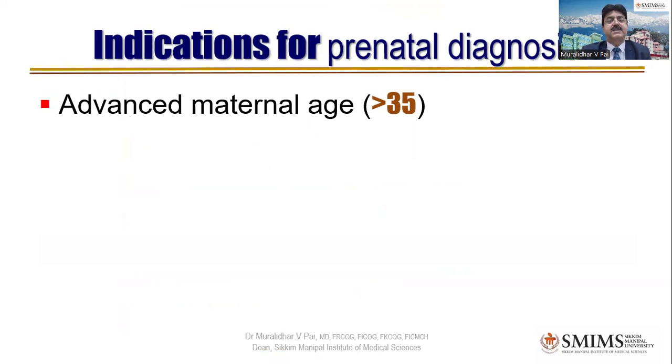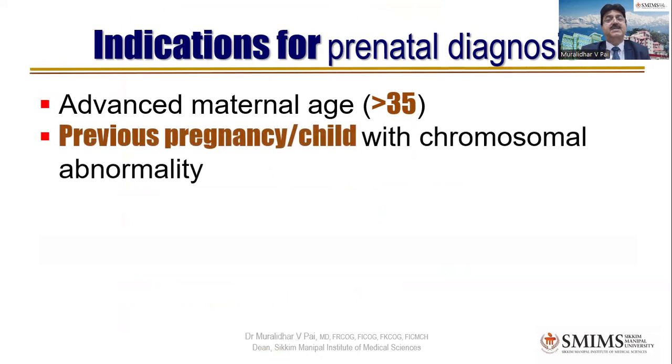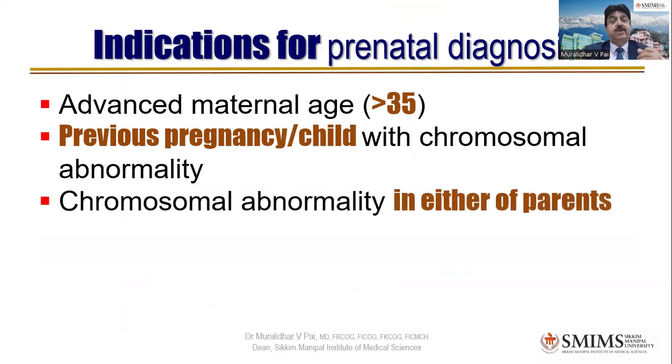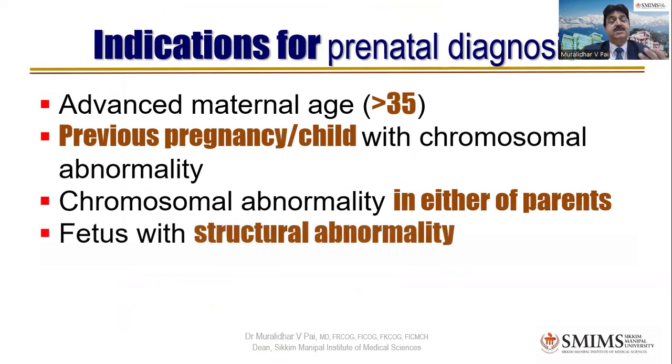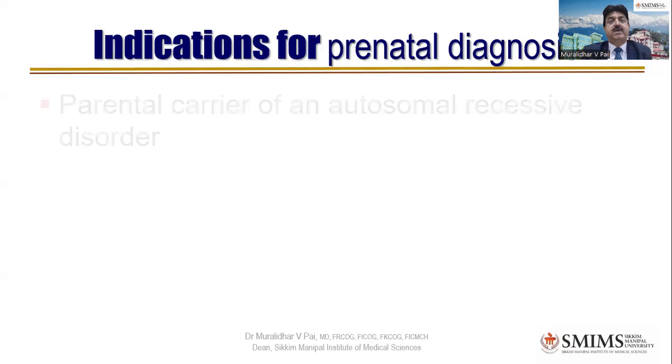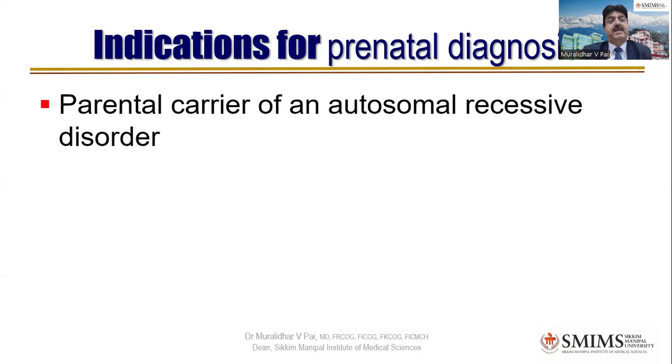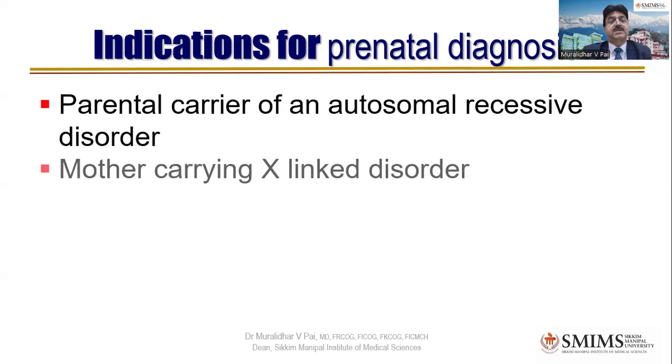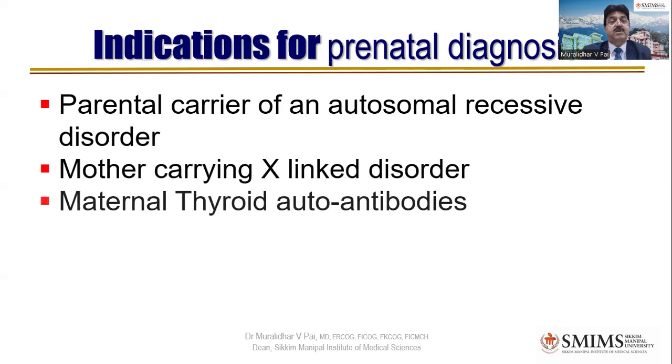These are the indications for doing the dual test: previous pregnancy with chromosomal abnormality, chromosome abnormality in either of the parents, fetus with structural abnormalities, parental carriers of autosomal recessive disorders, mother carrying X-linked disorders, and maternal thyroid antibodies.